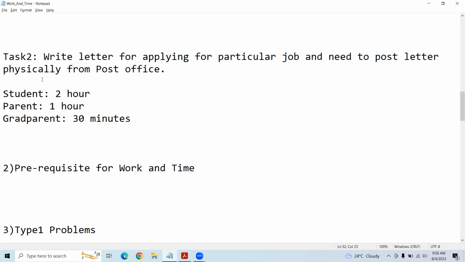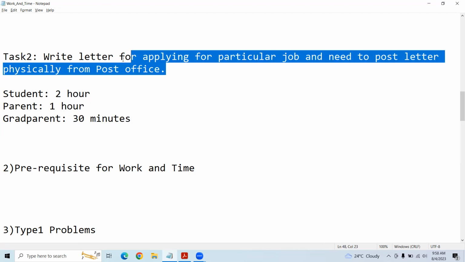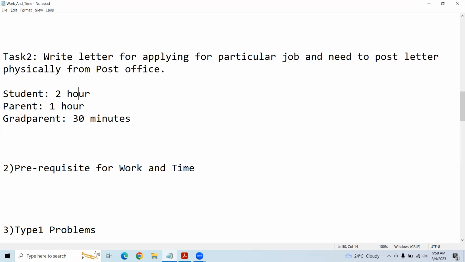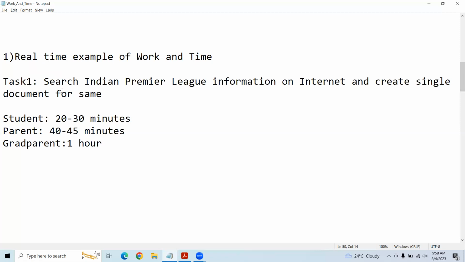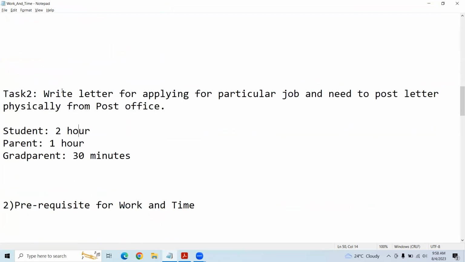So do you see the difference? The task is the same for all three types of person. Student will need 2 hours, parent will need 1 hour, and grandparent might be able to do that in 30 minutes.